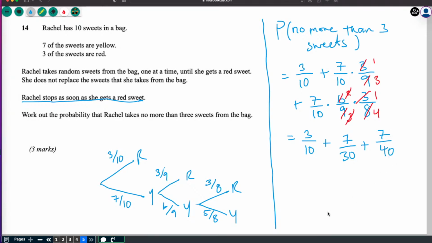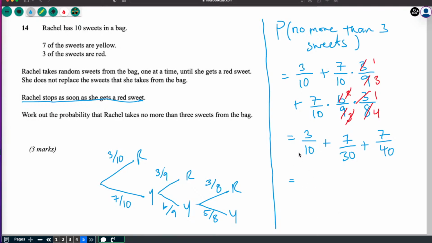It's still not really nice. We still need a common factor between 10, 30, and 40. The lowest I'm seeing is 120. I don't know if that's the best, but it's what I'm going to go with because it shouldn't be too difficult. It's not worth really spending time trying to look for a lower one.